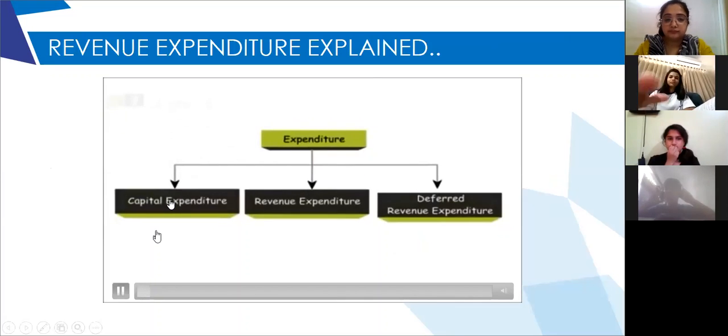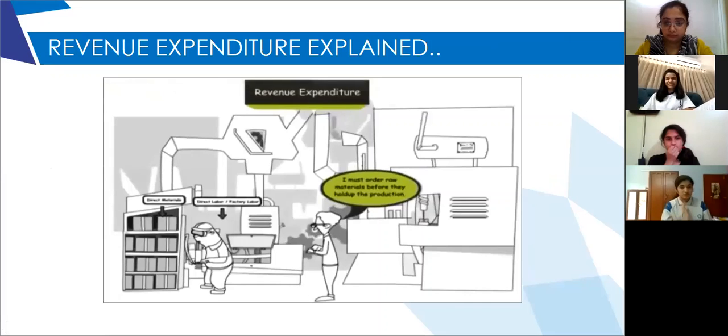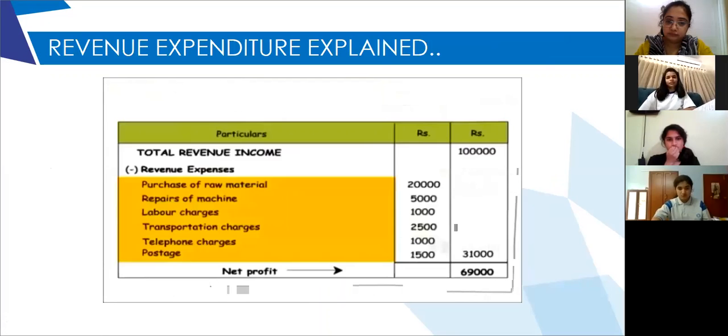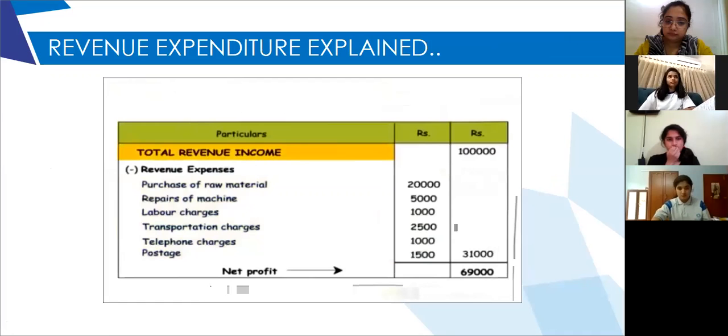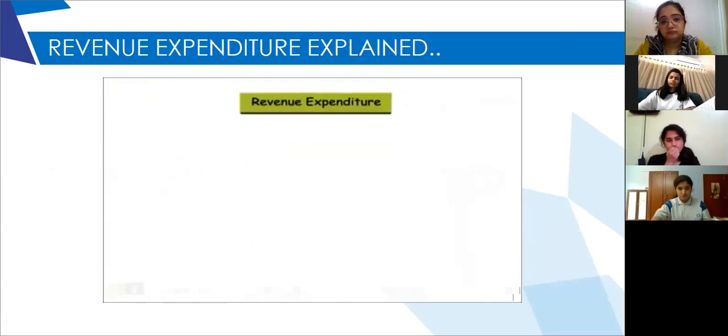Expenditure which is incurred in the course of the business as a part of its operations or its day-to-day activity is revenue expenditure. It is deducted from revenue or income to arrive at net income or net profit. Revenue expenditure is debited to the trading or profit and loss account.